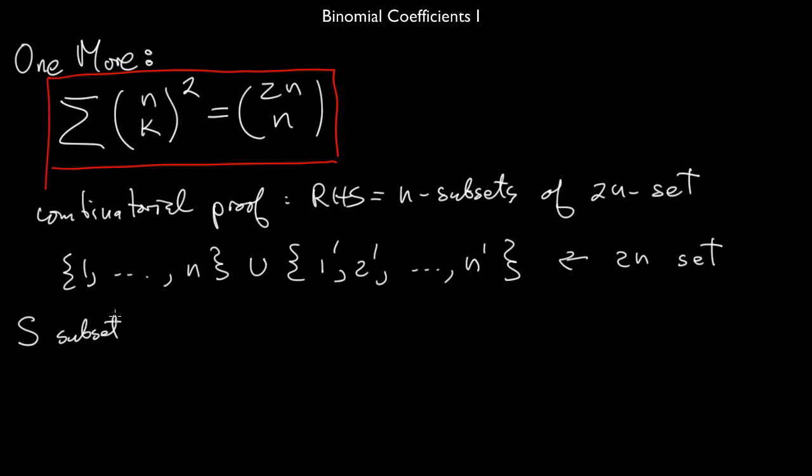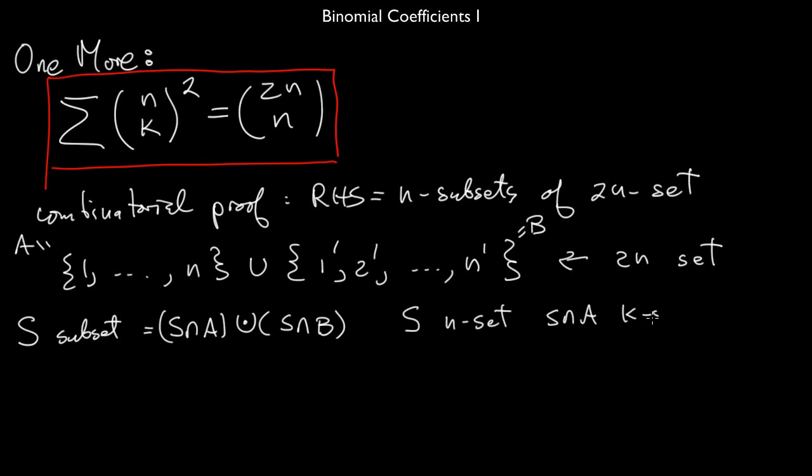Well, suppose S is a subset of this. I can write it as S intersect A, a disjoint union S intersect B, where A is the first n guys and B is the second. So to get a subset, you have to pick a subset of the first n and a subset of the second n.